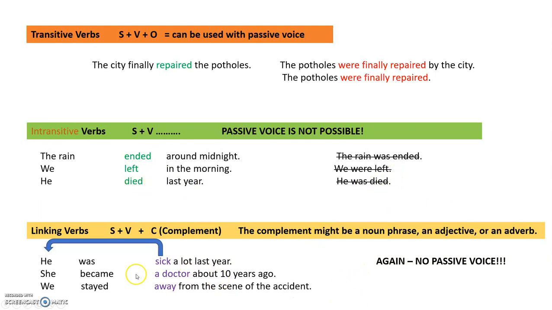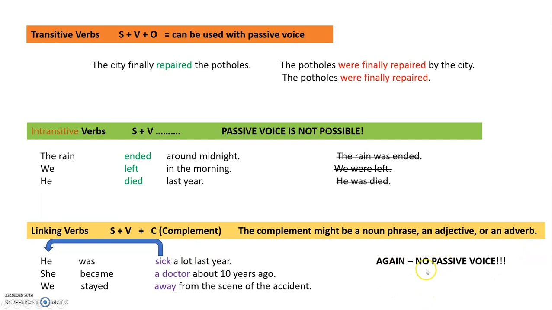And then there's one more type of verb called a linking verb. This is when you would see the sentence pattern subject plus verb plus complement. Complement is kind of a confusing concept for a lot of people. Complement might be a noun phrase, it might be an adjective, it might be an adverb.